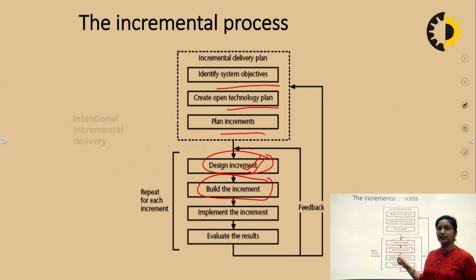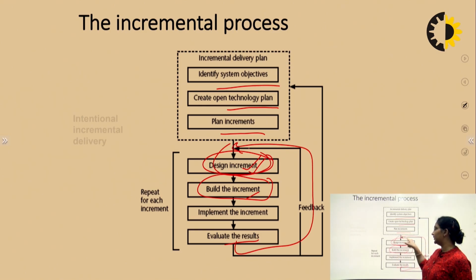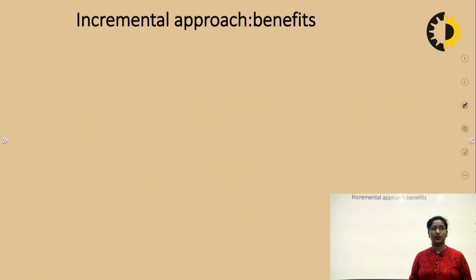From the build, implementation will be done and then we will be evaluating those results, whether it is correct or not. One increment is developed, then after evaluation, the feedback will be given over designing the increment. And this feedback loop will continue till we have succeeded. When the second increment comes, we also need to follow this particular step. So, this is how this incremental process goes on.